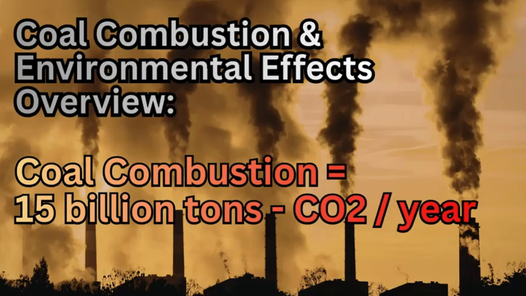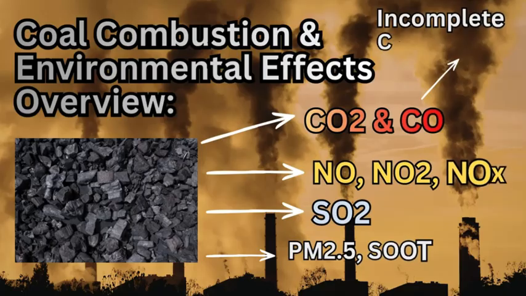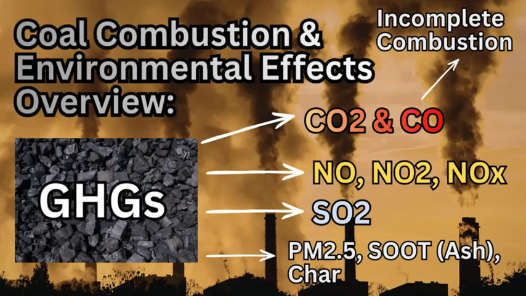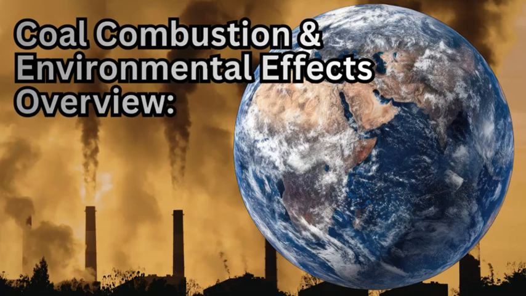In addition to CO2, you have NO, NO2, NOx, SO2, particulate matter 2.5, ash, and char. Now, all of these byproducts are hazardous to the environment in large concentrations, and together they make up the majority of greenhouse gases, except for one gas in particular, which is water vapor, H2O.